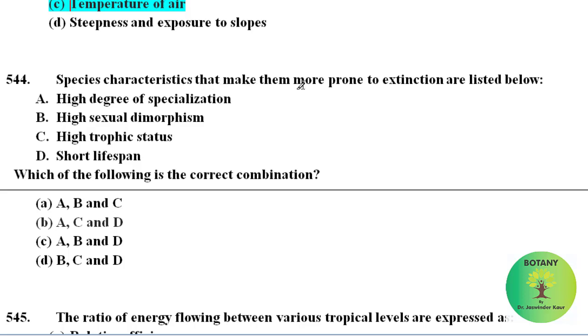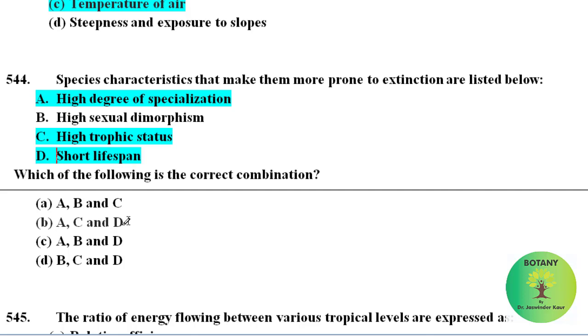Species characteristics that make them more prone to extinction are listed below. Which of the following is the correct combination? High degree of specialization. This is true. High sexual dimorphism. It is incorrect. Then high trophic status. This is correct. And then short lifespan. This is also correct.